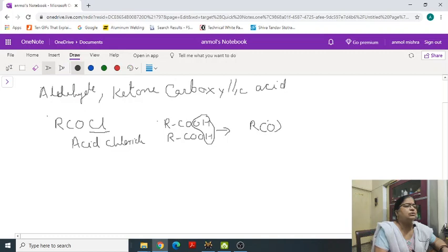(RCO)2O can be written as RCOOCOR. So this is called acid anhydride.